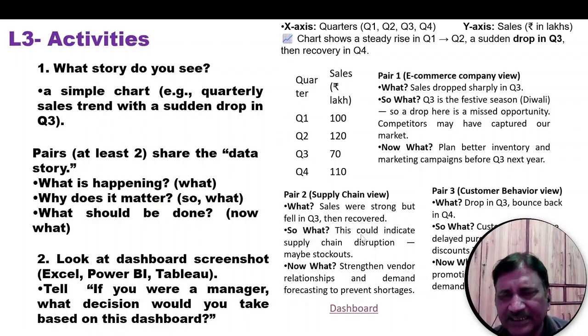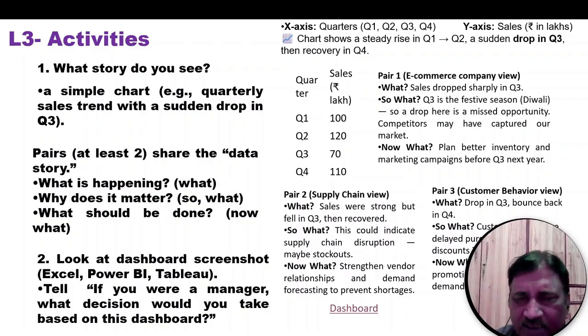I'm not seeing any data pertaining to supply chain disruption, but as a manager, you must see that. So this is guesswork done by this manager because of the lack of data. But it said there was a supply chain disruption and there were stockouts. So strengthen the vendor relationship and demand forecasting to prevent shortages. This will be the obvious action to be taken.